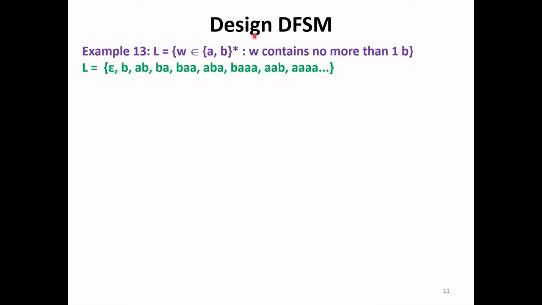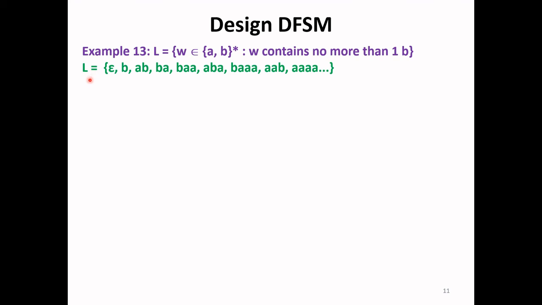In this language, we are supposed to design the DFSM for all the strings of A's and B's which contain no more than one B. That is, it may have any number of A's but not more than one B, including epsilon.